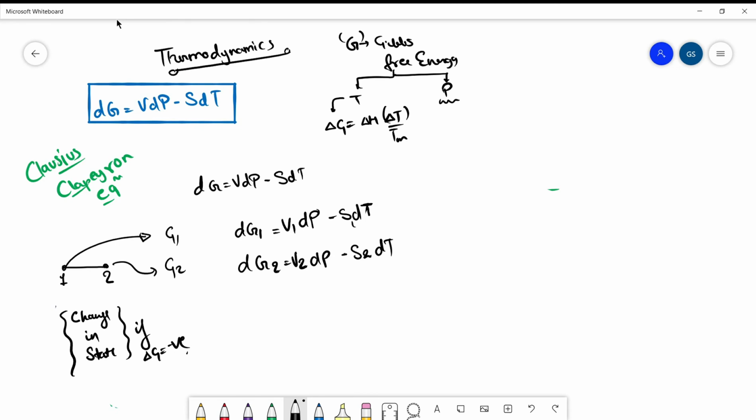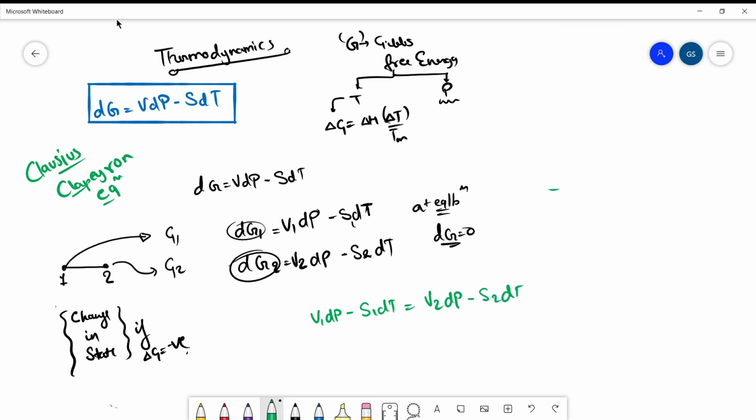Now let's take equilibrium. At equilibrium we all know that the dG term goes to 0. So at equilibrium both of these are 0, and we can equate V1 dP minus S1 dT with V2 dP minus S2 dT. Let's transpose this to that side.